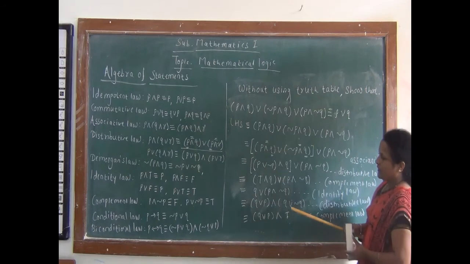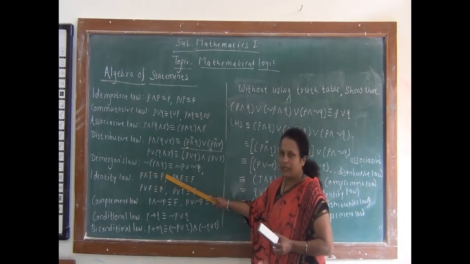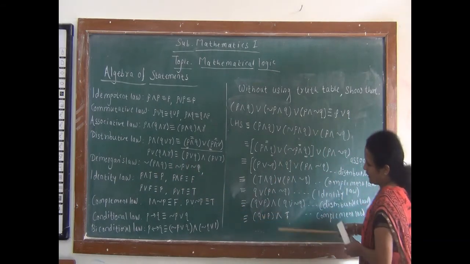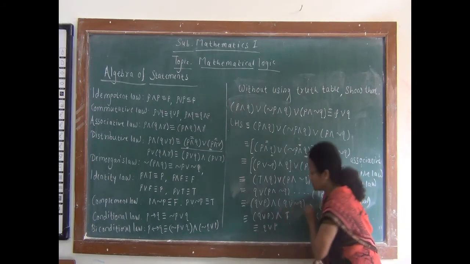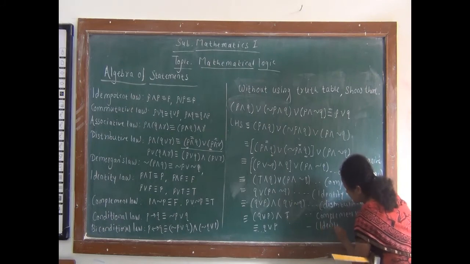And now again use identity law, that is P and T equivalent to P. Here this P is replaced by this bracket. So instead of P we write this bracket, so this gives Q or negation P. Write here reason, identity law.